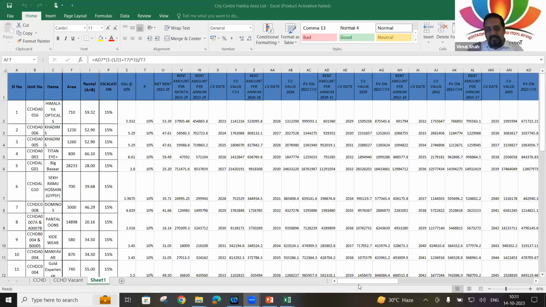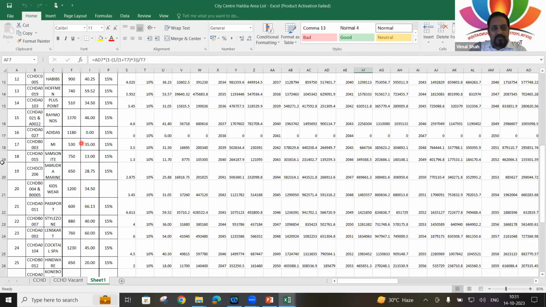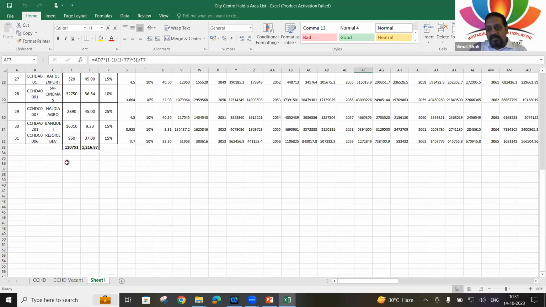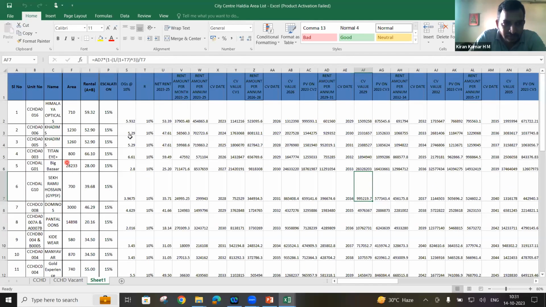So this is the Excel sheet, Kiran, I had prepared for that party. As I said, he had given 31 shops on lease, and the lease rent was increasing every 3 years. He had given us the rental value, which is the rent today, and the rent escalation every 3 years.